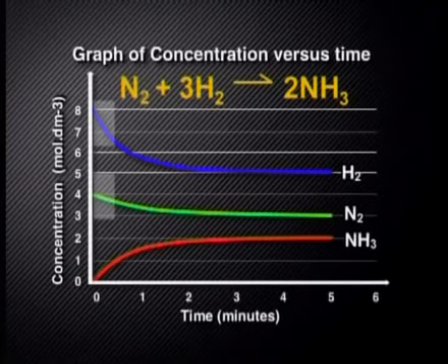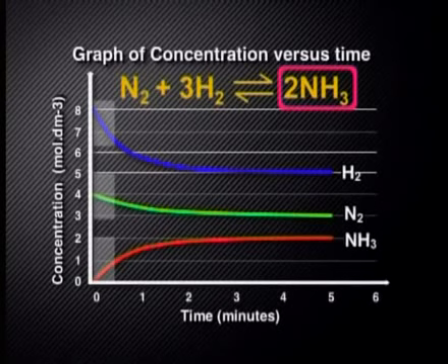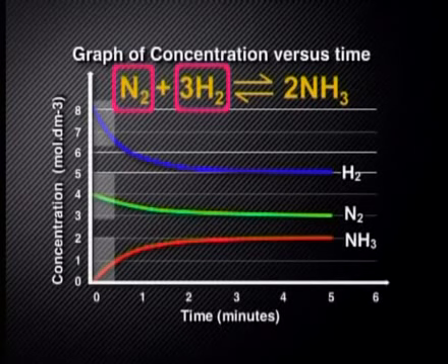The concentration of nitrogen decreases too, but not as quickly. The concentration of ammonia, the product, increases steadily from zero. The reactants are not all used up because the ammonia molecules break apart to form hydrogen and nitrogen.